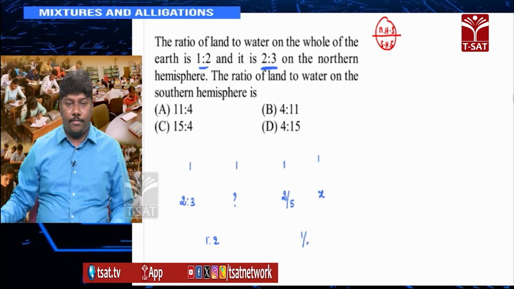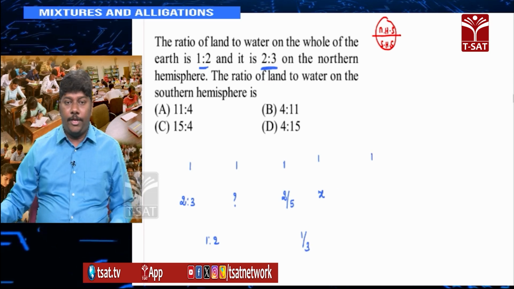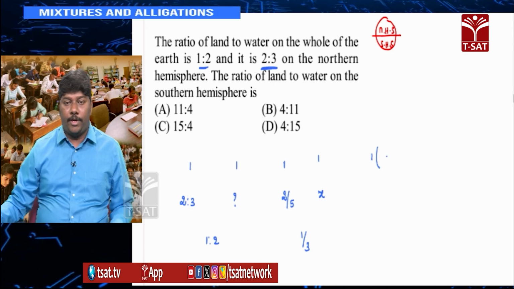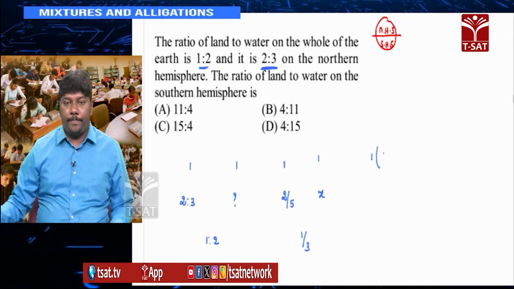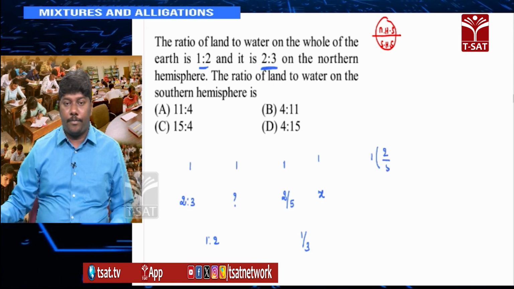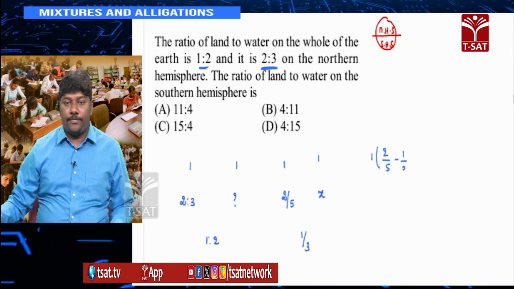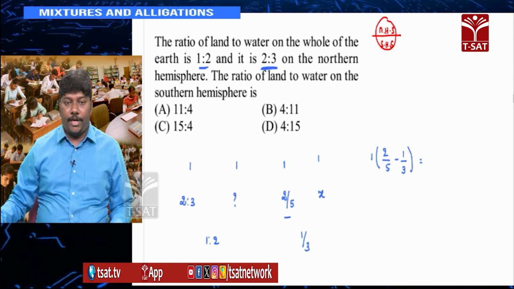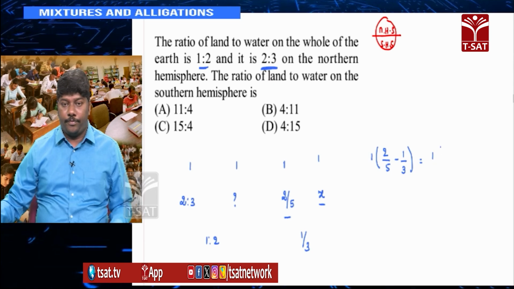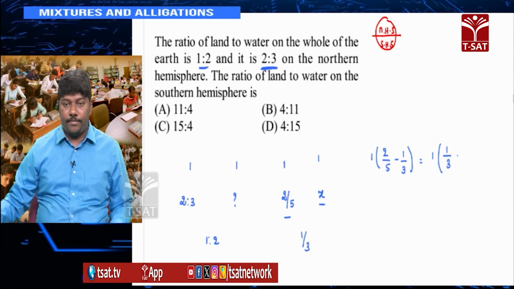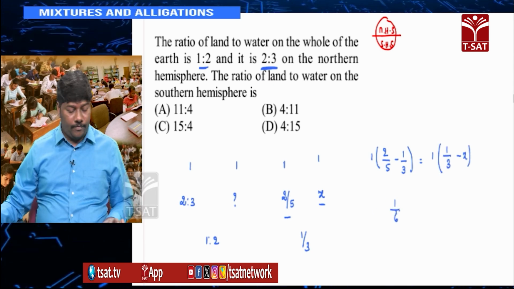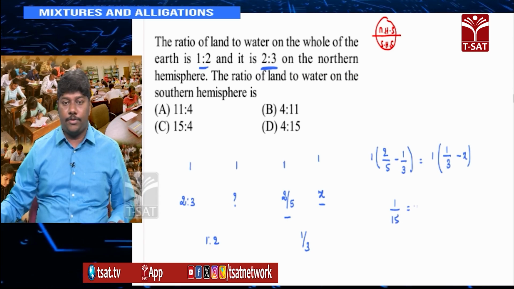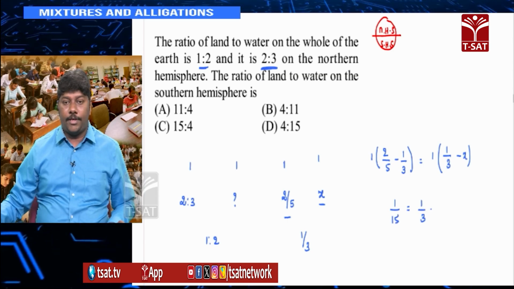Here 1 by 3. 1 into the difference is 2 by 5 minus 1 by 3, which gives me 6 minus 5, so 1 by 15, equals, if 2 by 5 is more, x must be less, 1 by 3 minus x.